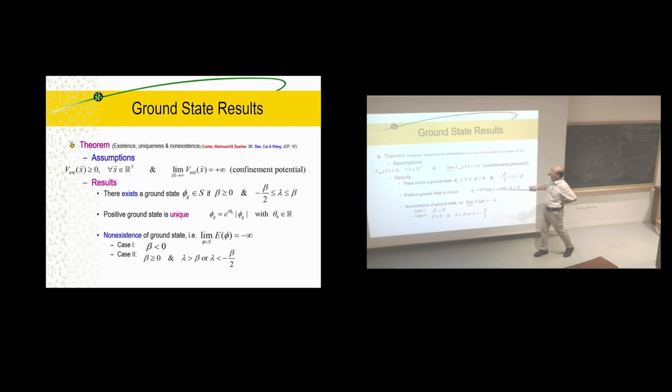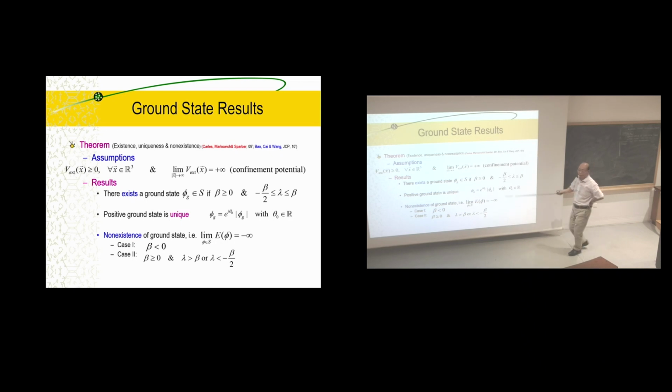And if my beta is greater than or equal to 0, and lambda is between minus beta over 2 and beta, under this condition there exists a ground state phi g, and the ground state phi g is unique.